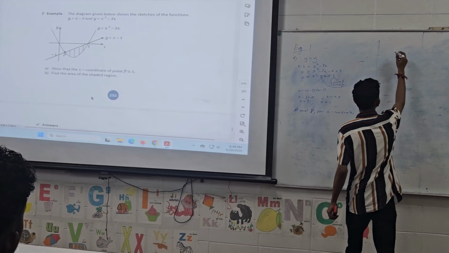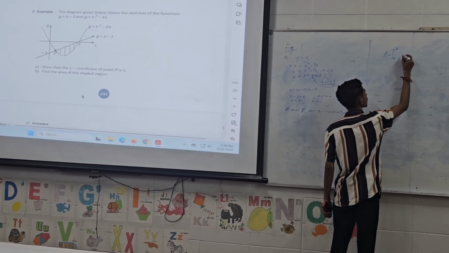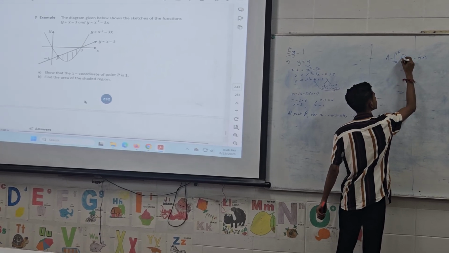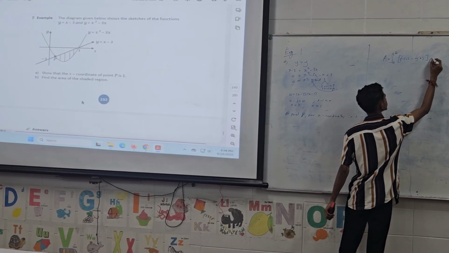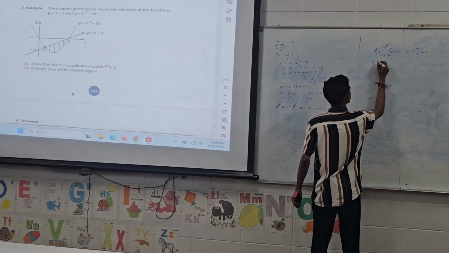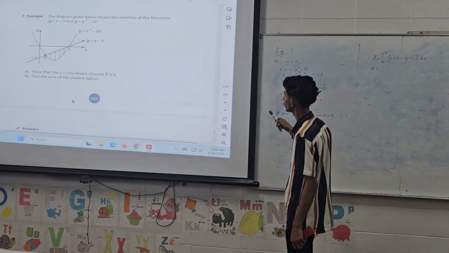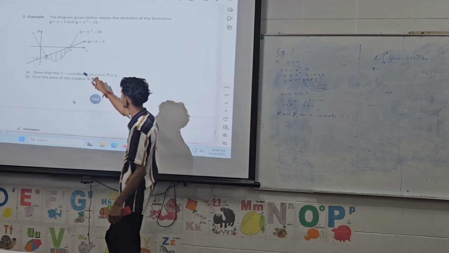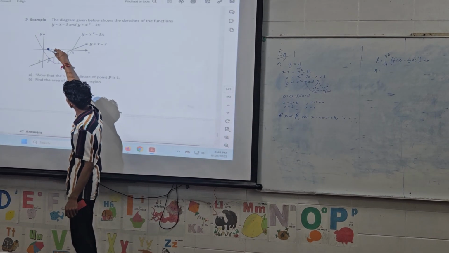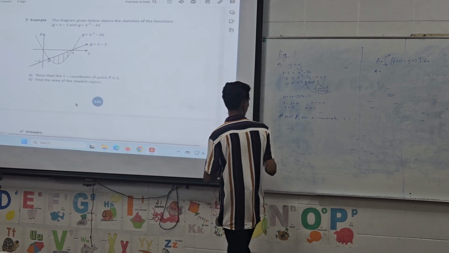When you recall the formula, area is equal to the integration from A to B of f of x minus g of x, the whole thing integrated in terms of x. So A and B are the limits. We have already found the limits. They have given 3 as one of our limits, which will be B, and we have shown that at point P it will be 1. So our lower limit will be 1.